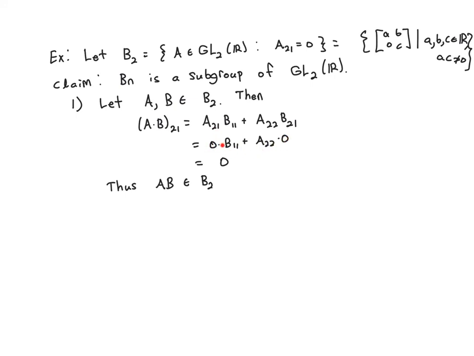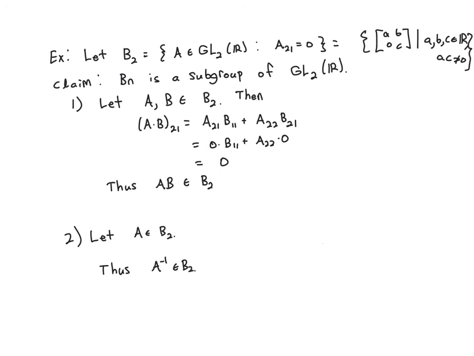It looks like we got 0 times something plus something times 0. Well, 0 times anything is 0. So we have 0 plus 0, which is 0. So we managed to show what we wanted to show, which is that the lower left-hand corner entry in the product is also 0. And therefore, we are closed under multiplication.